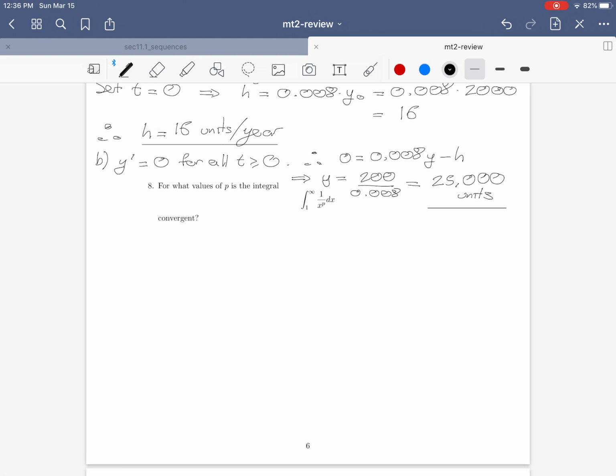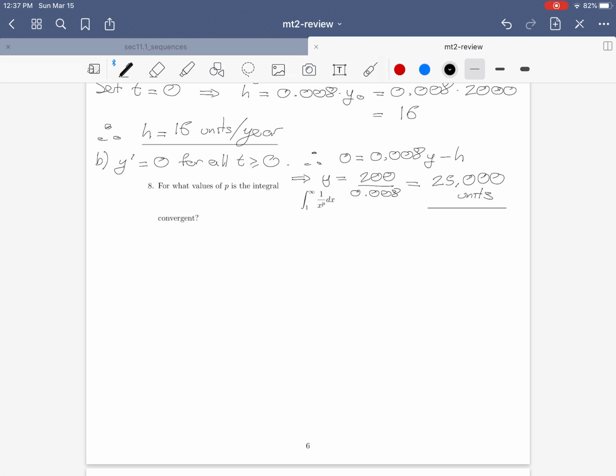This is a very important special case. We haven't talked about it in the review class, but we talked about it in lectures. These are the kind of integrals that you use very frequently with the comparison theorem to work out if a more complicated integral is convergent or not. Often what you do with the comparison theorem is relate your integral to something like 1 over x to the p.